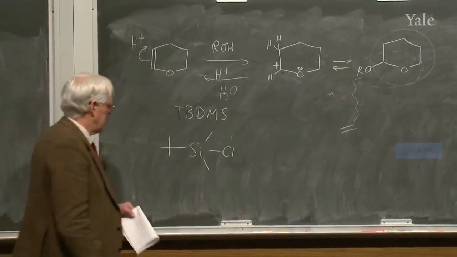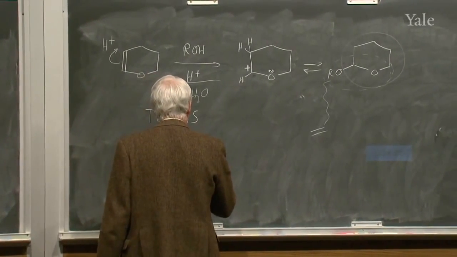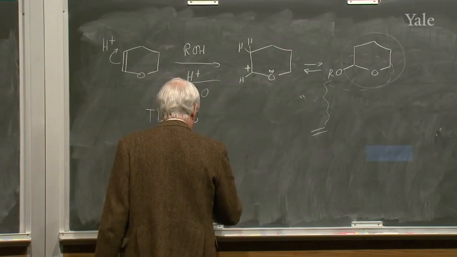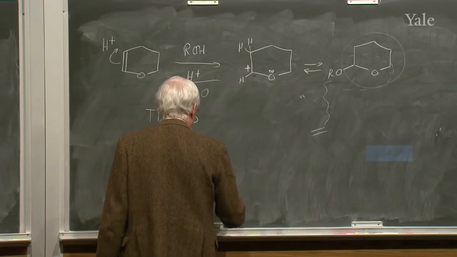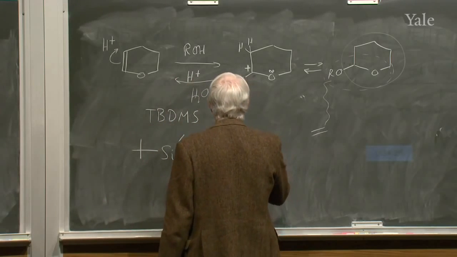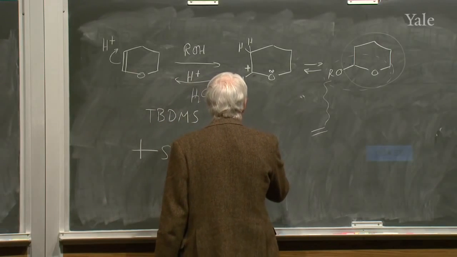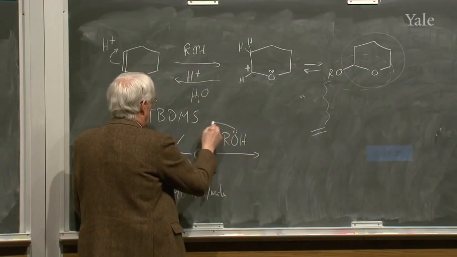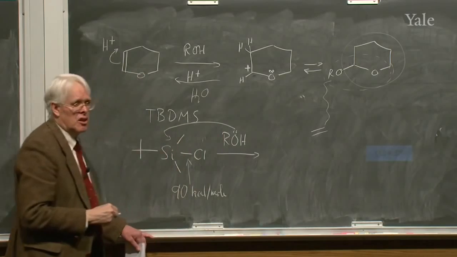Now the chloride has a bond strength, this bond, of 90 kilocalories per mole, right? But you can react it with ROH, and the unshared pair will react to form a bond with silicon, right?